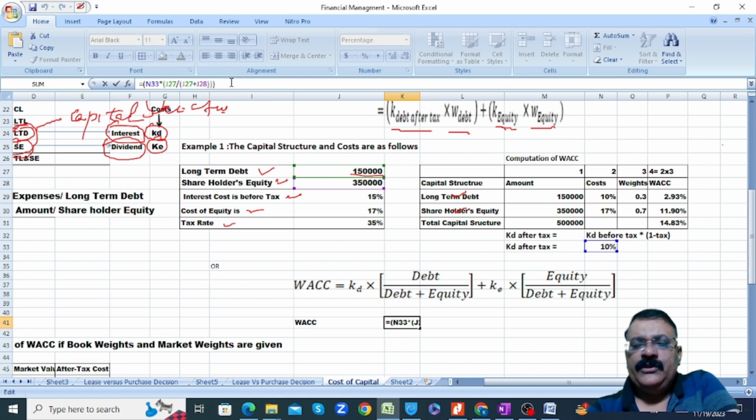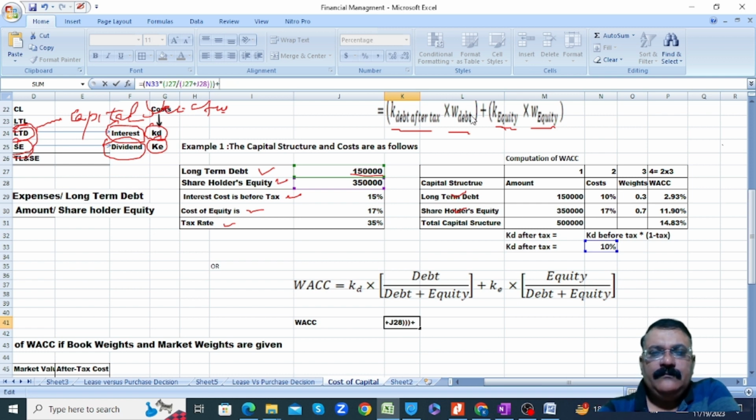Now the portion of cost of equity multiplied by weight of equity plus, we know cost of equity is 17% multiplied by equity divided by debt plus equity.